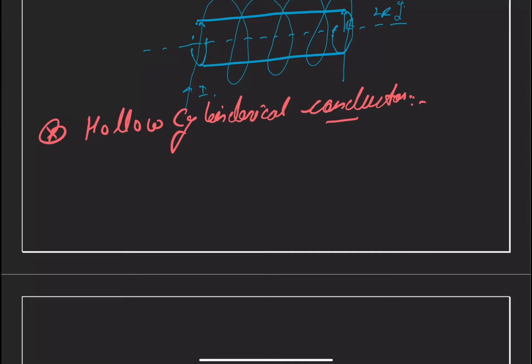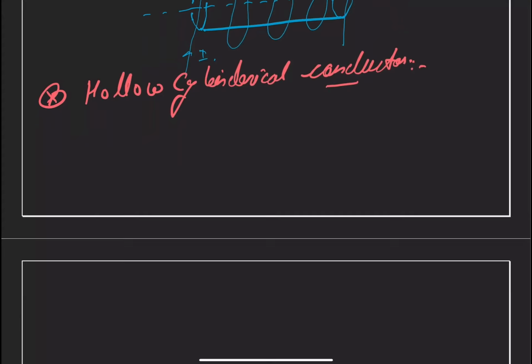Its radius is capital R. Current is our I, and that flows along the length of the cylinder.